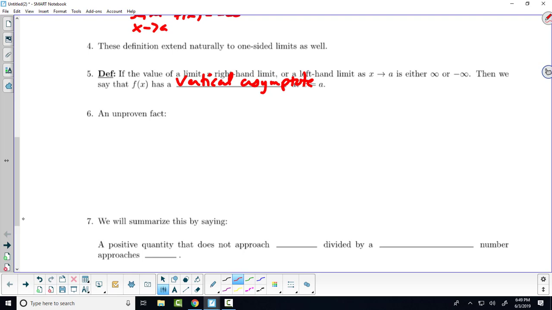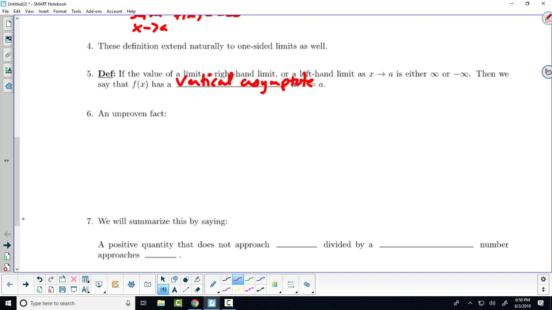You encounter asymptotes early on in an Algebra 2 course, but you don't usually get limits until later on. But really, a vertical asymptote is defined to be a situation where as we approach a particular x value, the limit came out to be either plus or minus infinity.